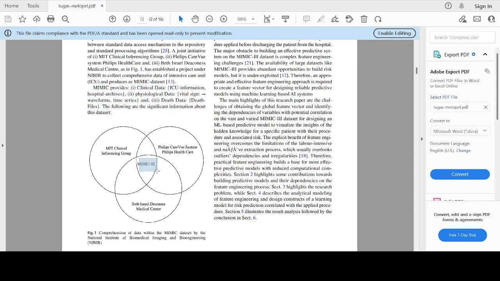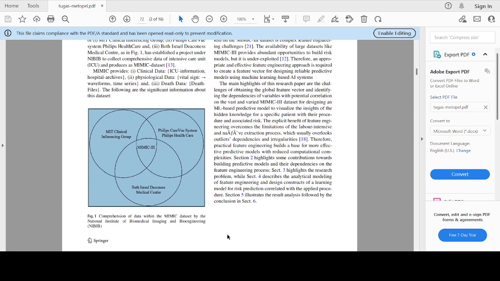This is MIMIC-3. I believe you can also try to access these datasets from PhysioNet, but before that you will need a certification for human research, and I think signing some digital agreements from PhysioNet to access the data.